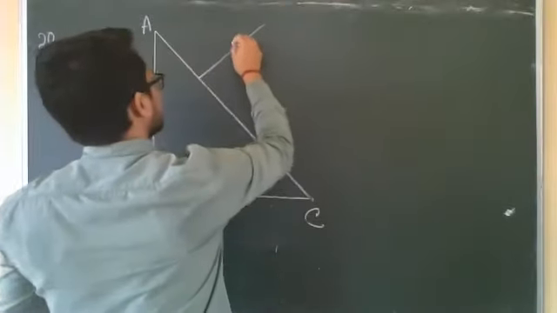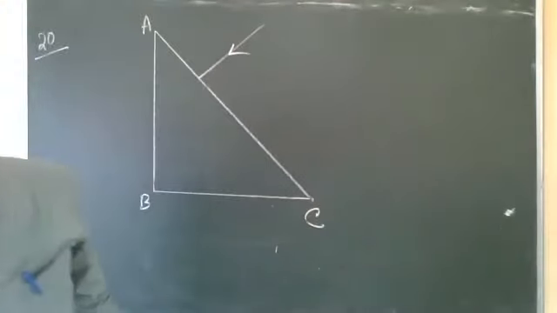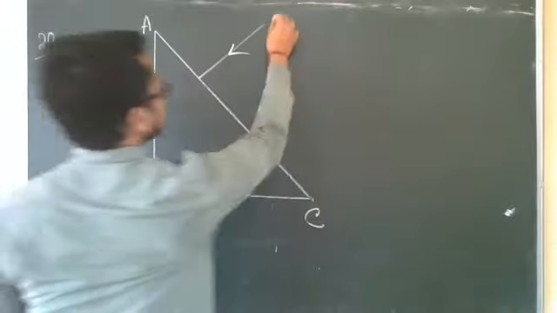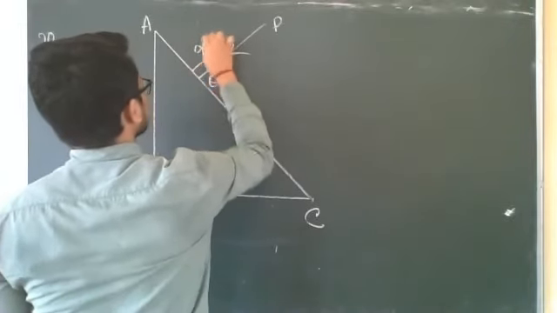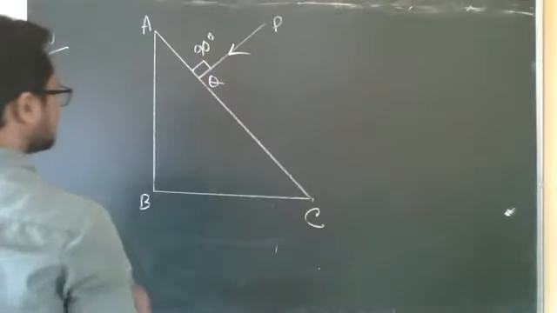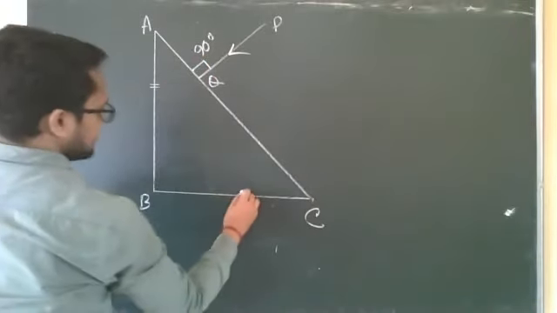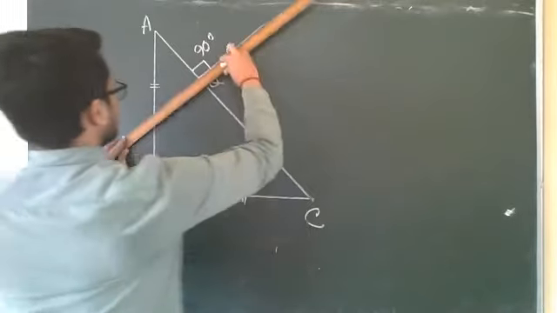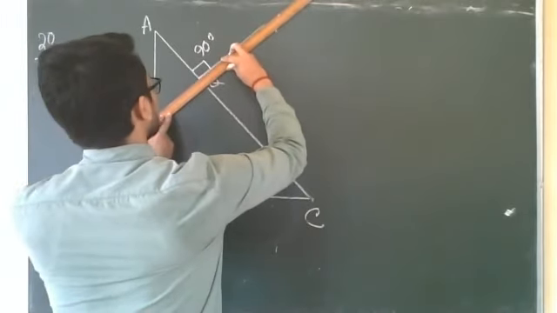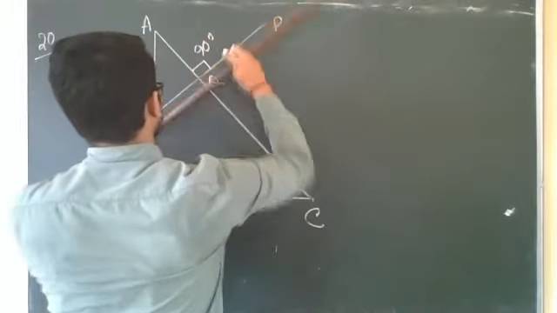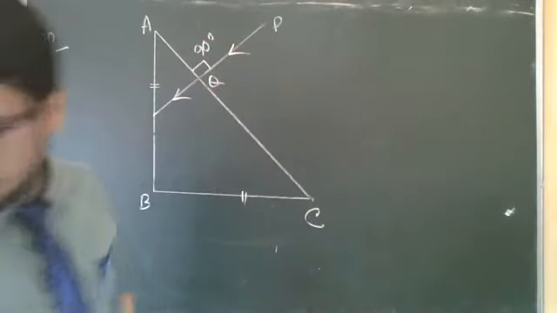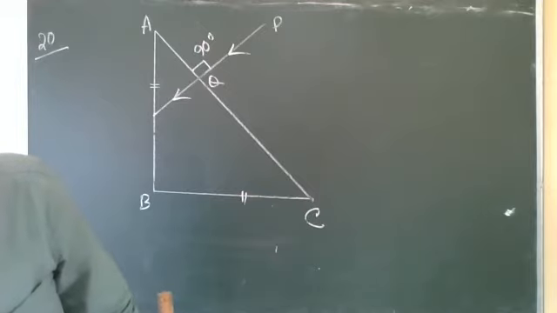You have to complete the ray. This is PQ. This is 90, that means along the normal, perpendicular to the surface. This side and this side are equal. So what will happen here? No deviation.